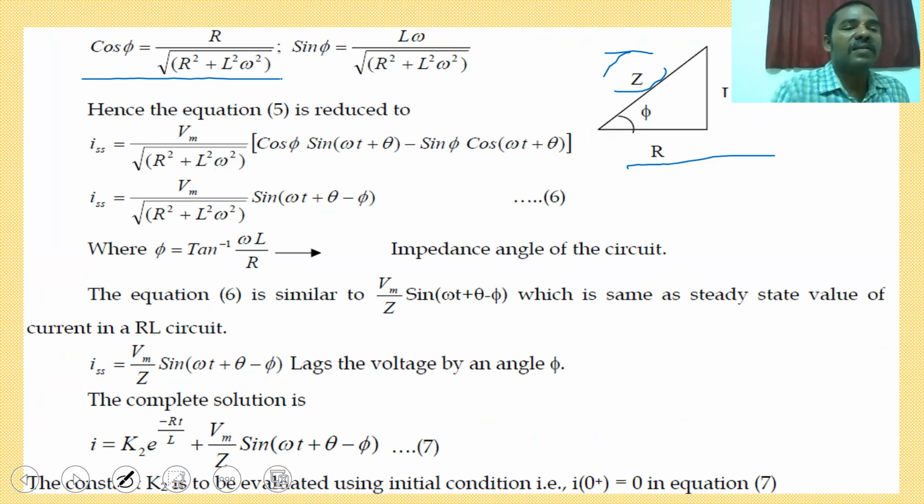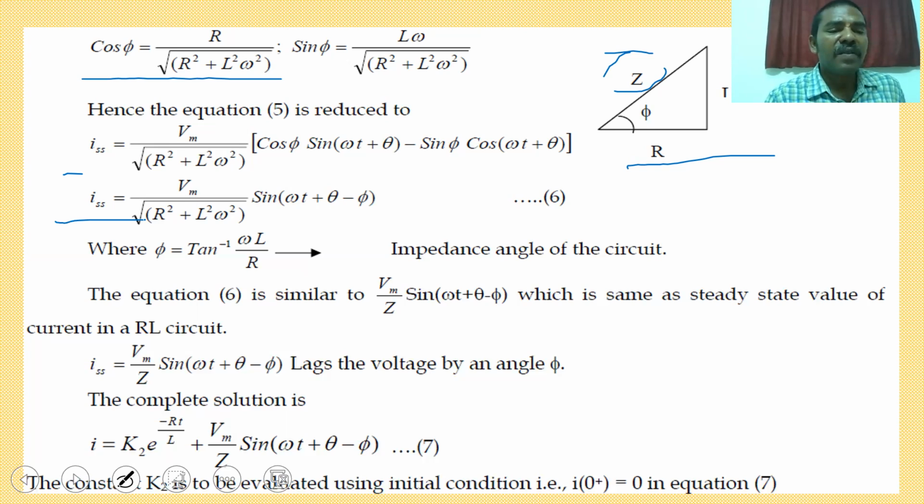Then ISS is equal to Vm divided by root of R square plus L square omega square, cos phi sin omega t plus theta minus sin phi cos omega t plus theta. You can write it as cos A sin B minus sin A cos B. So Vm divided by root of R square plus L square omega square, sin omega t plus theta minus phi, where phi is tan inverse of L omega by R.